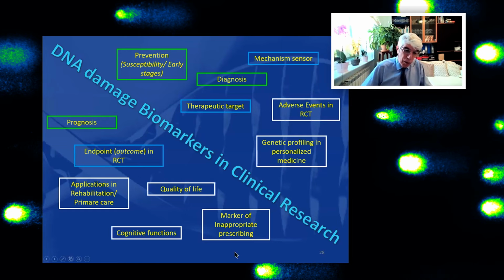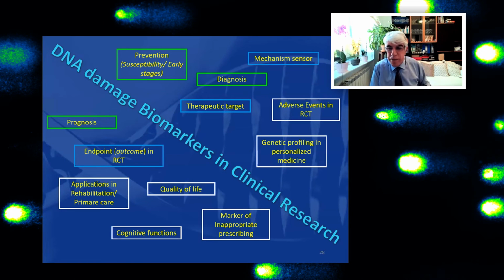And also, if you look at other endpoints, maybe in rehabilitation, quality of life, cognitive functions, these can be more and more interesting alternative endpoints in randomized controlled trials. You know that there is a big problem with randomized controlled trials. Think about oncology.